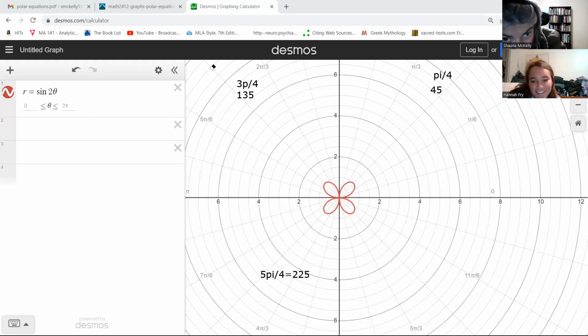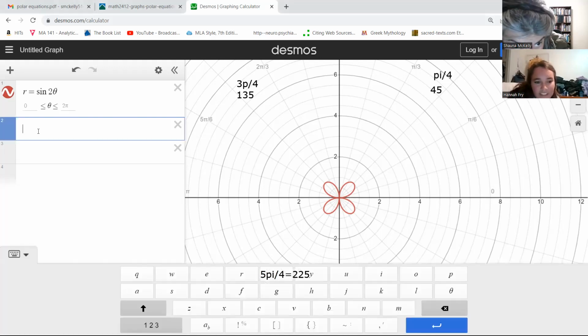Now, if this had been cosine, let me show you here. I'm going to put cosine on the same graph, if I can get my mouse to cooperate. I remember asking her about this, and she thought they'd be the same.